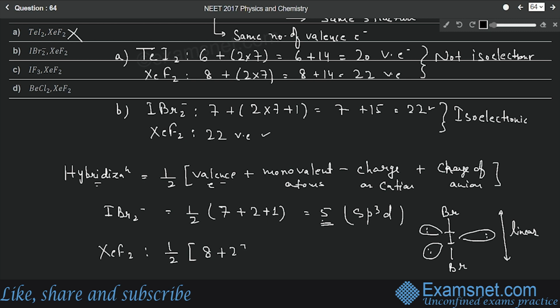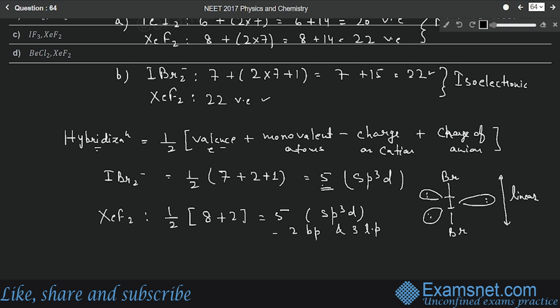So 8 plus 2. Again we are getting half into 10, that is 5. So again the hybridization will be sp3d, and here also we will have 2 bond pairs and 3 lone pairs again, similar to the previous one, and the shape will be linear.